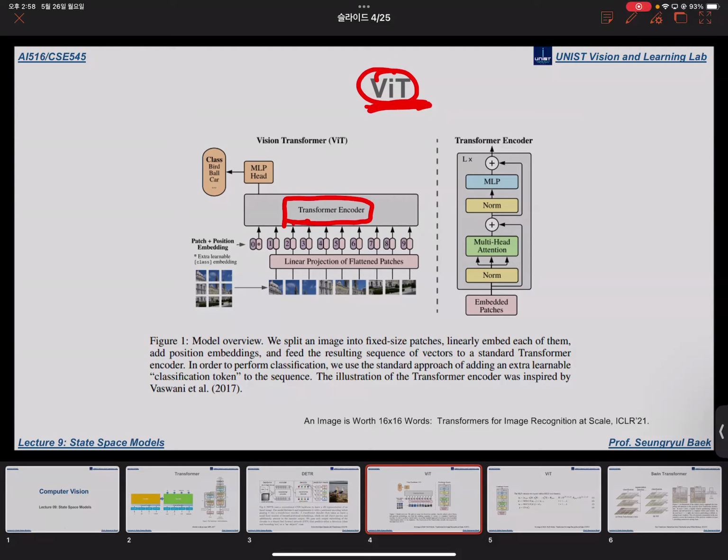We apply some normalization and self-attention, and then further map that to the updated features using the MLP. That will be outputted here. But we will disregard most of them and use only the updated values of the class token, and further map that to class probability. So this is ViT.